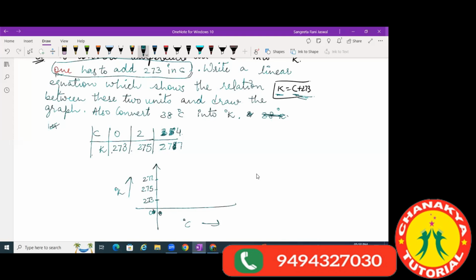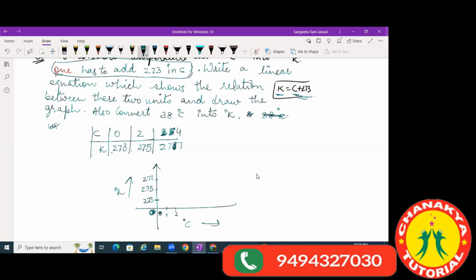Are you understanding? Don't think that from 0 to 273 is such a big gap and 273 to 275 is just a small gap.